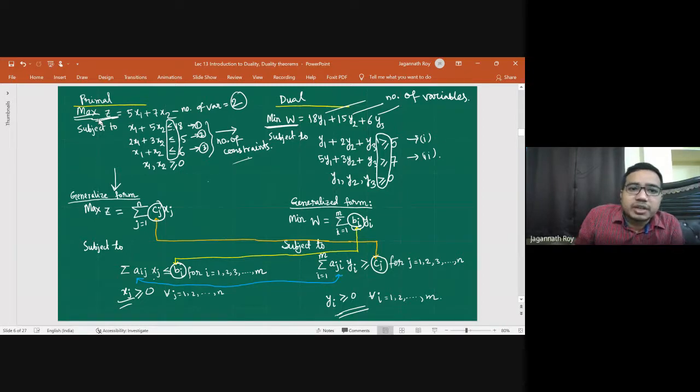Now what will happen if we have an equality type or greater than type? What will be the corresponding inequality or equality of the variable in the dual problem? We have to discuss that. For that there is a small concrete table.